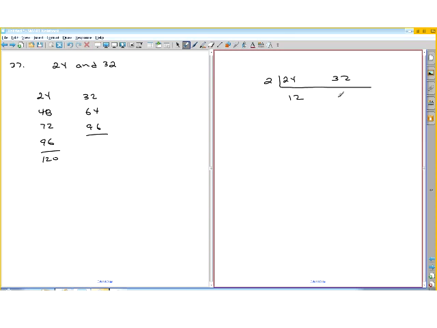And what we get is 12 and 16. Okay, I just keep doing this. So we can divide it by 2 again, which would give us 6 and 8.